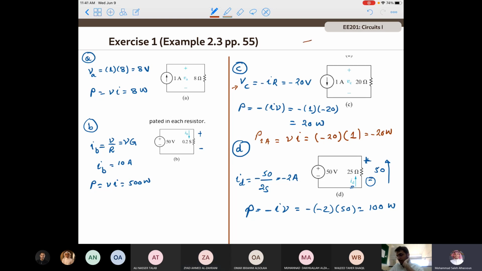So if you sum all the power here, power generated will be equal to power dissipated. Okay. Thank you. Yeah, so far any confusion.